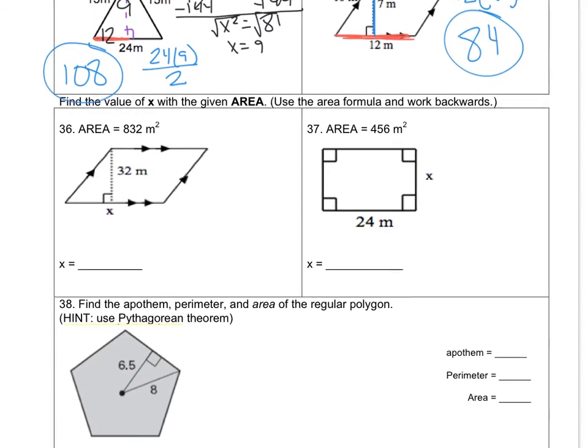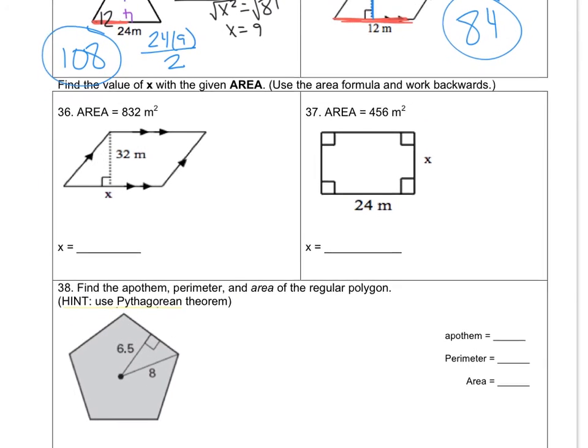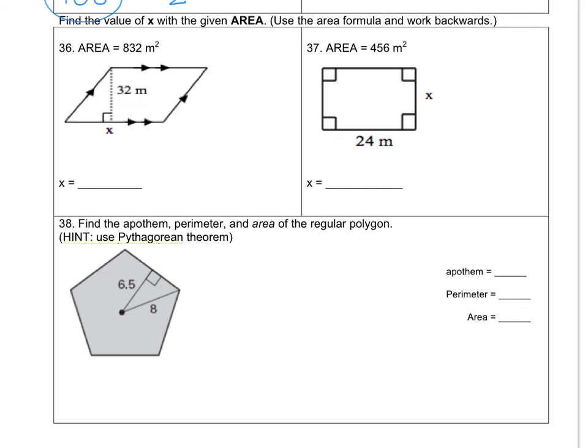Okay, on 36 and 37, it says find the value of x with a given area. Use the area formula and work backwards. So you're given the area and you're looking for a side. On the first one, it's a parallelogram, so the area formula is area equals base times height. We're going to plug in everything we know. The area is 832.